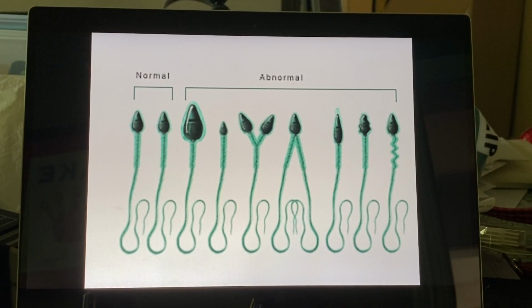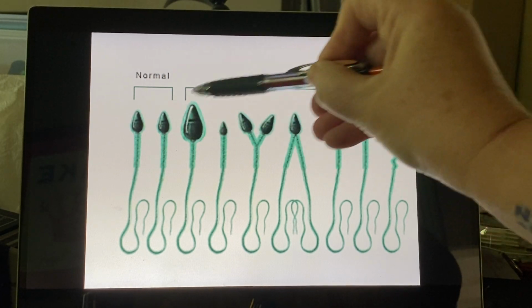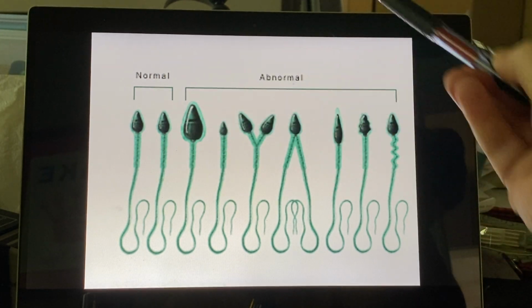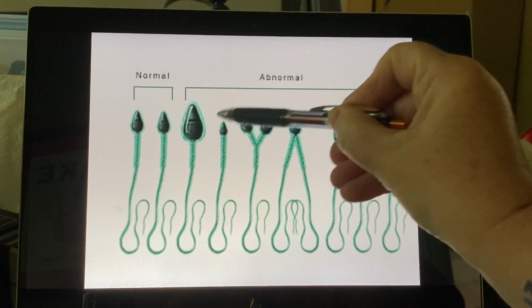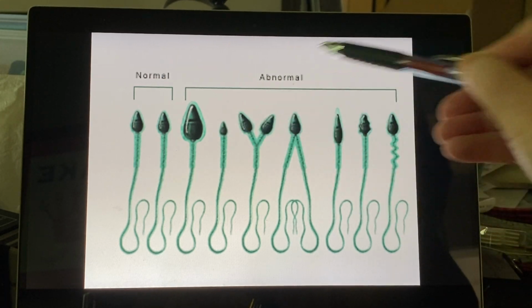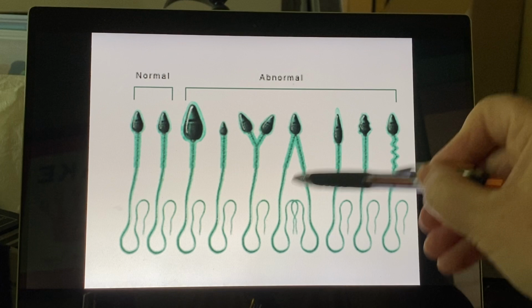Okay, the other thing about DNA analysis is we don't really care if that sperm is normal or abnormal. If I worked in a fertility clinic, where I'm trying to help couples have babies and figure out what the problem is, like this guy, the sperm head is way too big, it's probably too heavy, can't swim very far, this guy's too little, these guys are going to be swimming in a circle, here you have two tails.